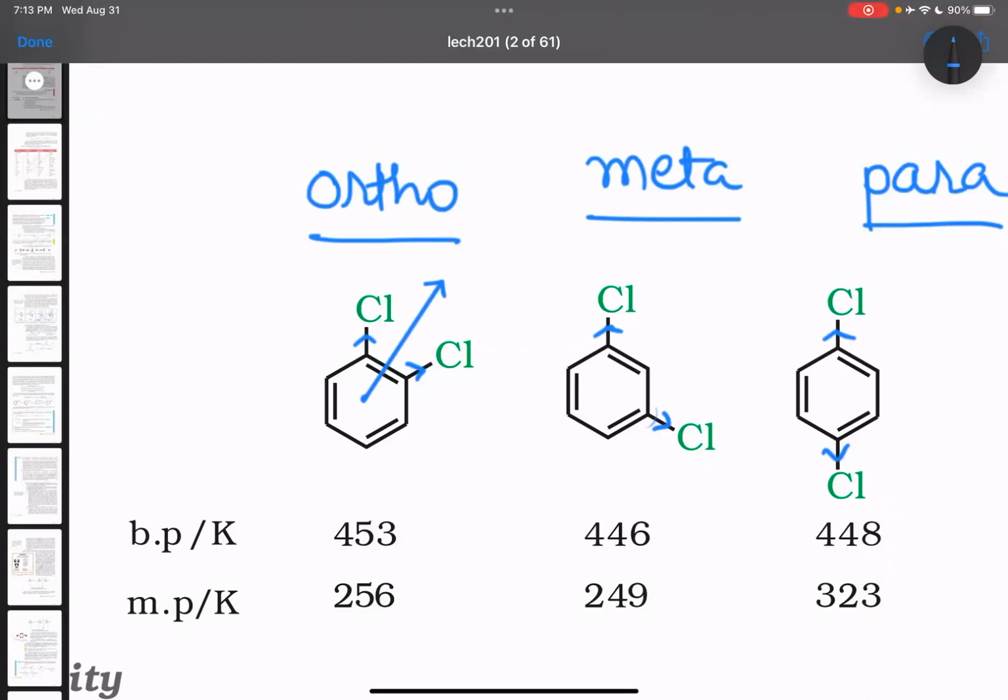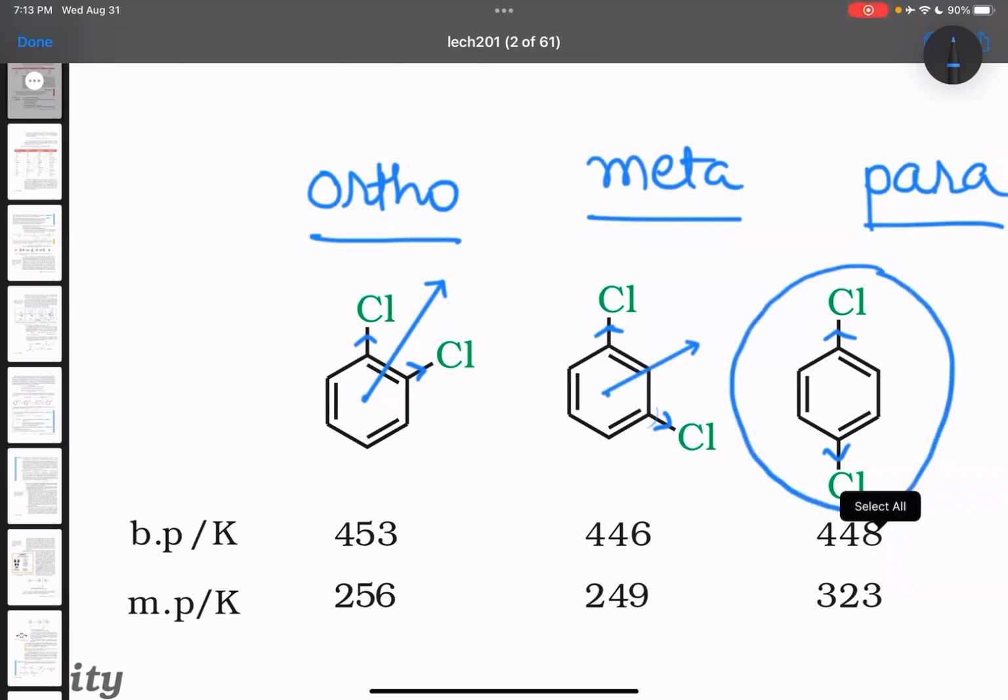So the overall effect of pulling is going to be stronger. In this case, because the angles are a little bit increased, the overall pulling is going to be less, and this is going to be a non-polar molecule. Sometimes we write this dipole as 0.